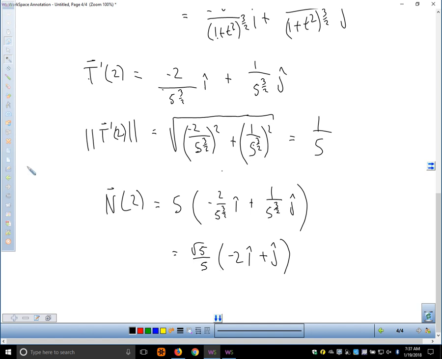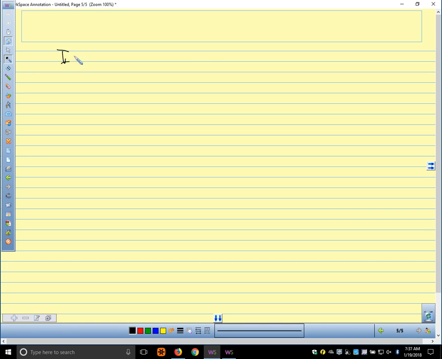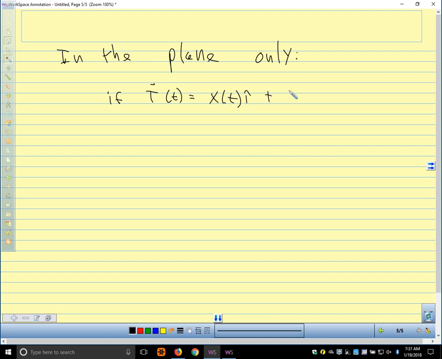In the plane, I want to show you a shortcut. In the plane only, if T as a function of t is x of t i hat plus y of t j hat, we know that the way we've defined T, the magnitude of T is 1.